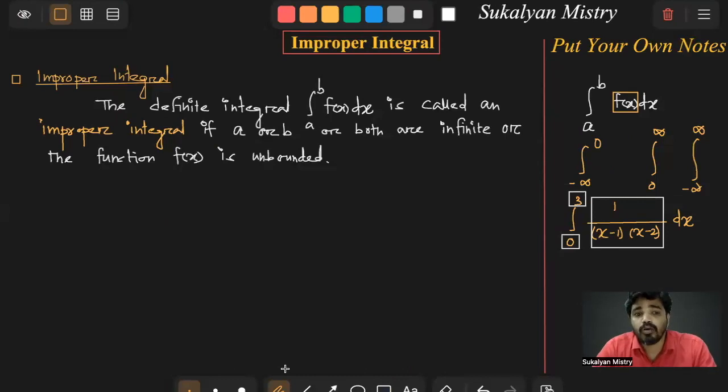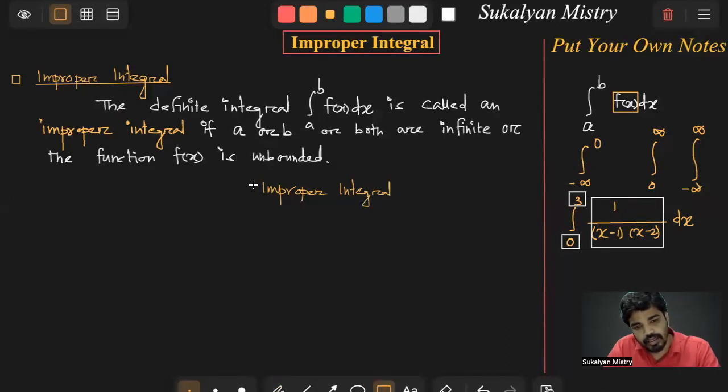Clear? So now we discuss the types of improper integral. So basically improper integrals are two types: improper integral of first kind and improper integral of second kind. Okay. So improper integrals are basically two types.